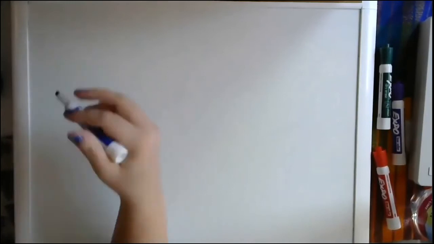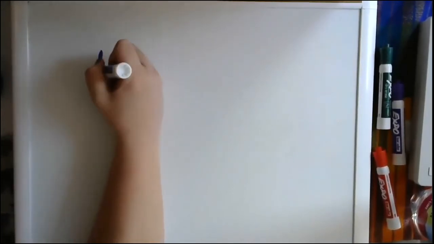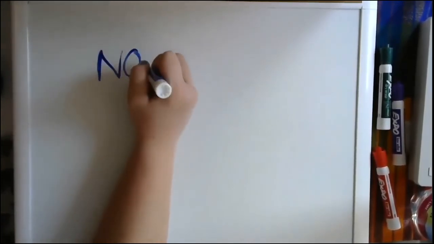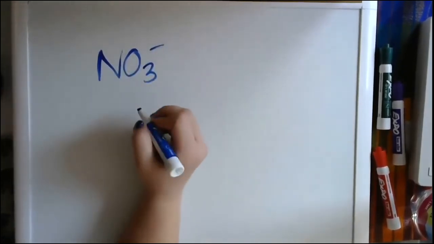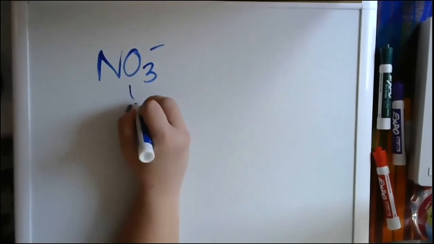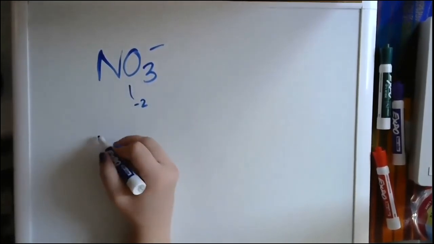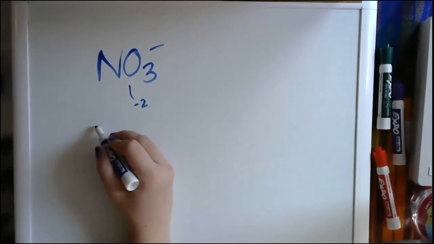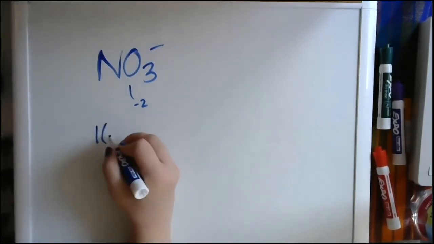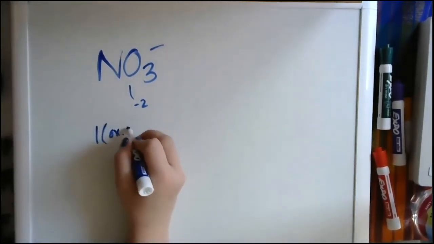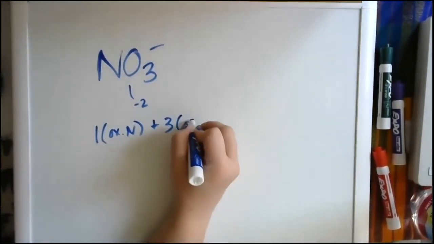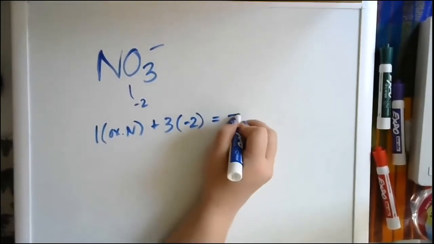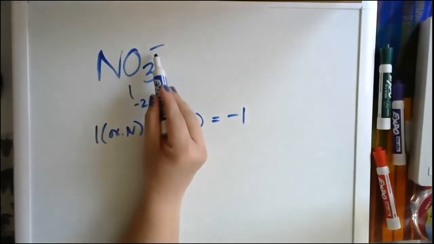All right, and our last example is the nitrate ion. We did the nitrite ion before, now we can look at the nitrate ion. Each oxygen again is -2. So 1 times the oxidation state of nitrogen plus 3 times the oxidation state of oxygen is going to equal -1 in this case because that is the charge on our nitrate ion.